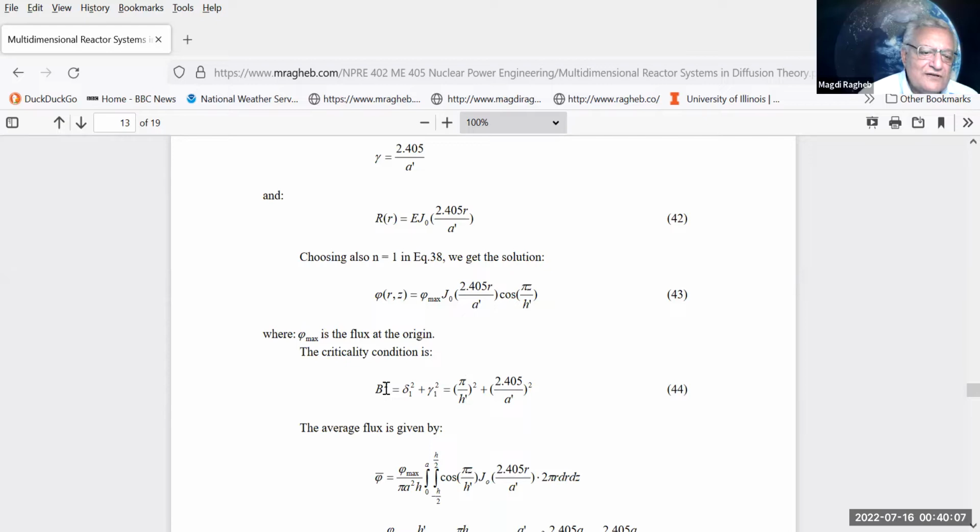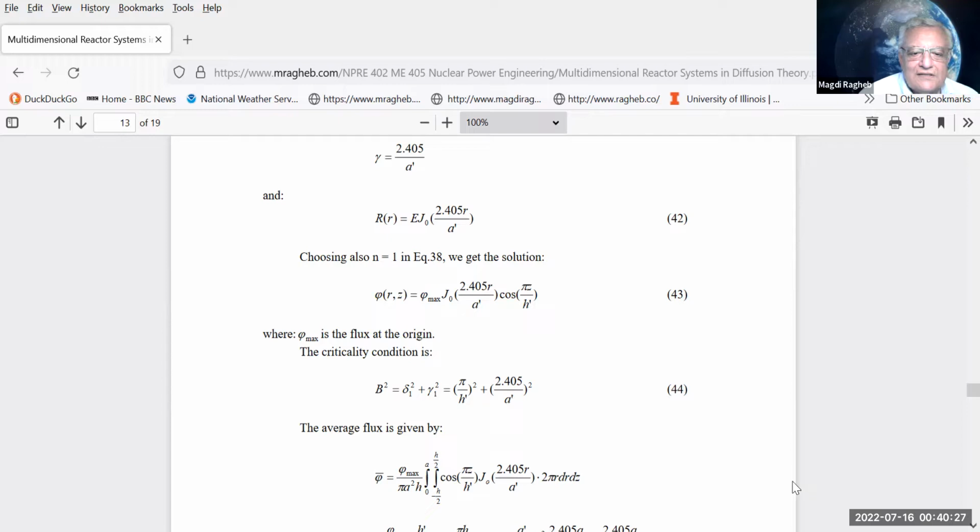And in fact, you find that the physical meaning of the buckling is it represents a leakage here from the surface of the reactor, and this one, in the top and bottom of the reactor in the z dimension. And this term here of the buckling represents a leakage in the axial dimension.